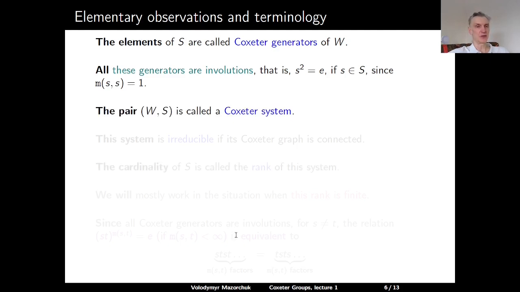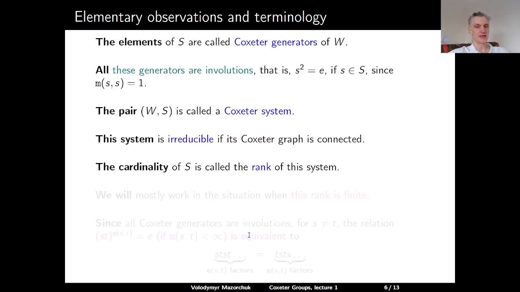The pair W, S is called the Coxeter system, and it's called irreducible if its Coxeter graph is connected. And the cardinality of S is called the rank of this system. And during these lectures, we will mostly work with Coxeter groups of finite rank. So we assume that S is finite normally.